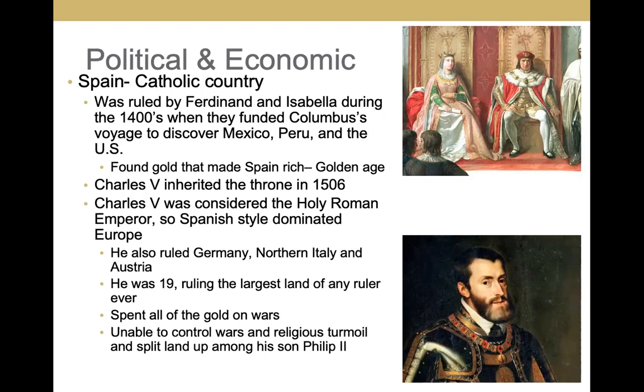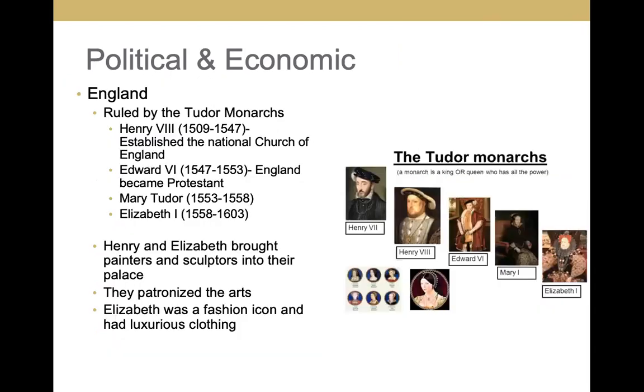Charles V took the throne after them, and he was considered the Holy Roman Emperor. His goal was to establish that Roman Empire again, where he ruled most of Europe and the Middle East. He was only 19, and he did have power over a lot of land, but he did spend a lot of money on wars with other countries.